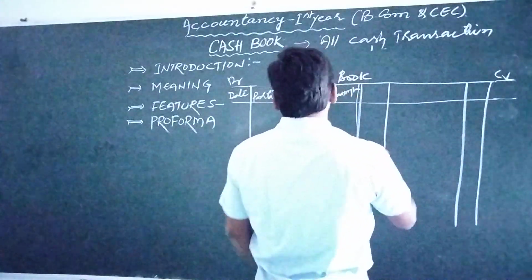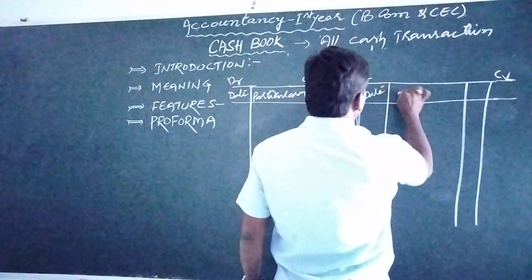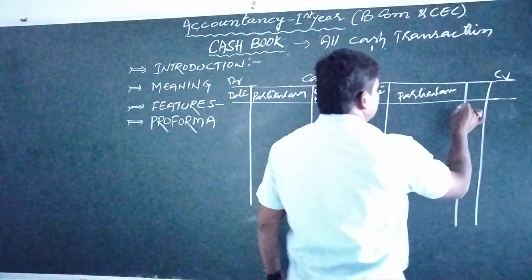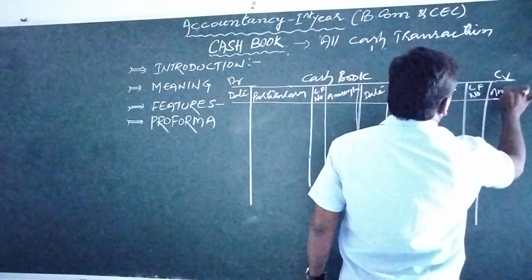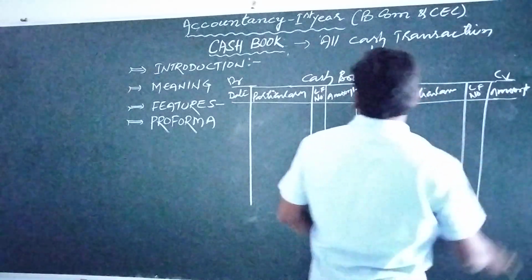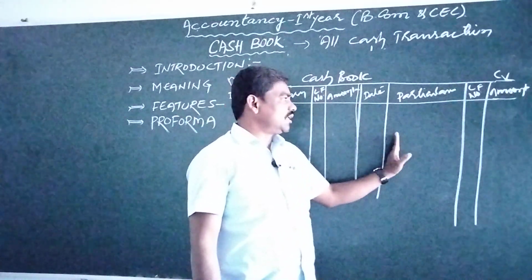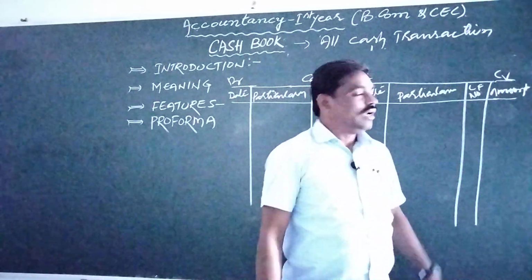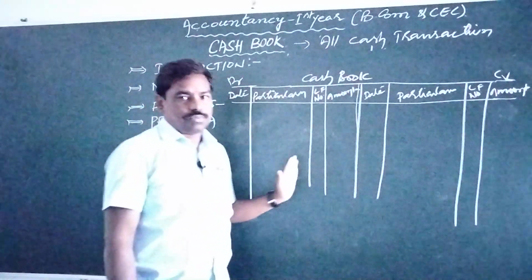Now come to the credit side of the cash book. Same: date, particulars, the third column LF number, and the fourth column amount. So there are 4 columns on the credit side of the cash book as well. Like this, we can prepare the cash book proforma.